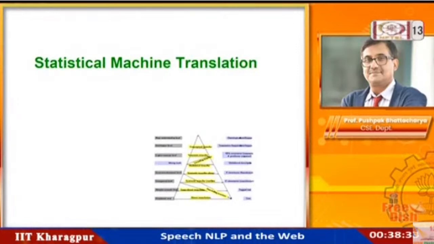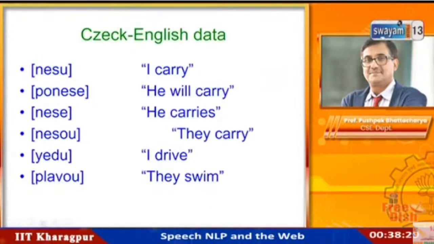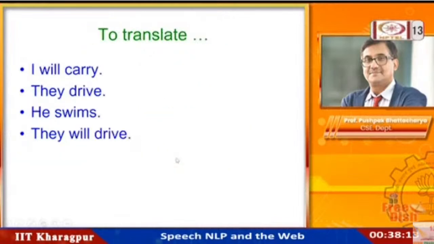Now we come to statistical machine translation, and you saw this very interesting exercise. If I give you the data: I carry, he will carry, he carries, they carry, I drive, they swim. Then you were able to do morpheme matching quite easily, and could translate I will carry, they drive, he swims, they will drive.